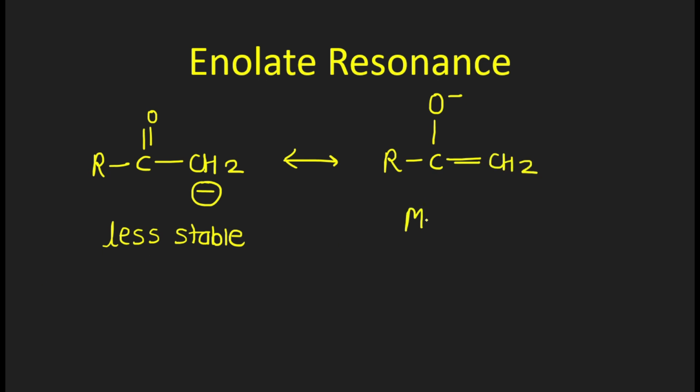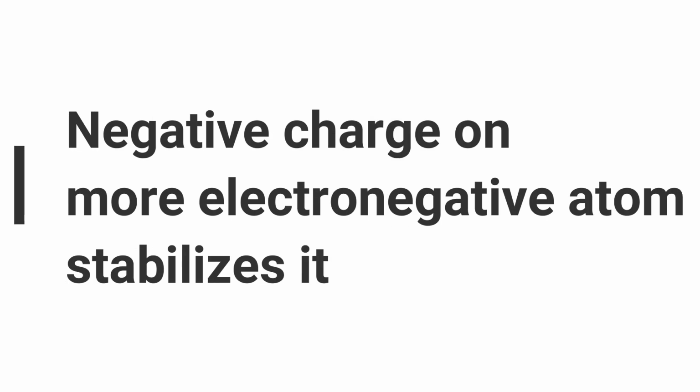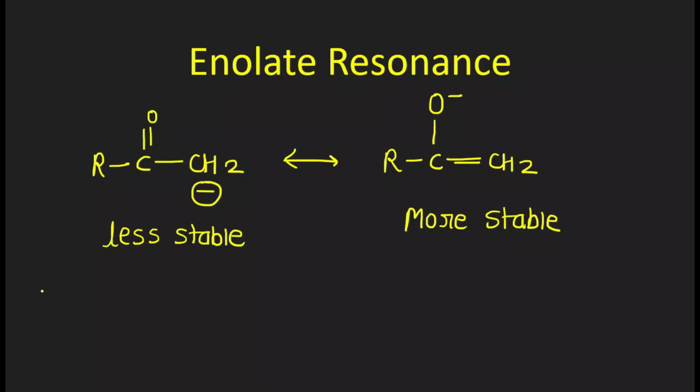This structure is more stable. Can you tell me why? Just a simple thing: whenever the negative charge is on the more electronegative atom, this will stabilize the negative charge, and here it is on the oxygen, so it is more stable.